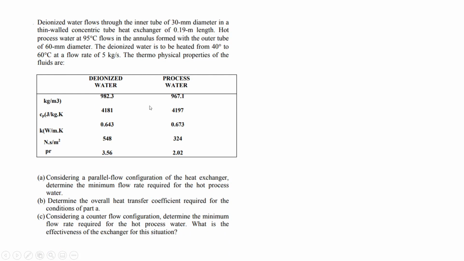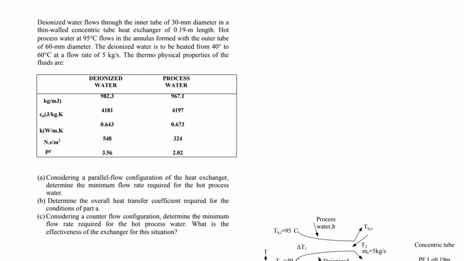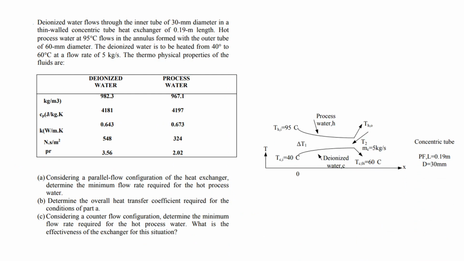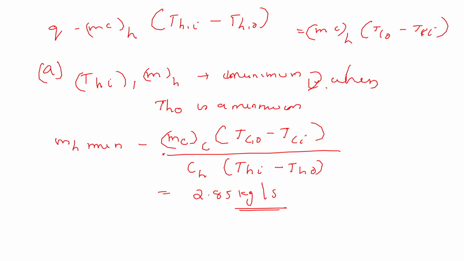So if you see here, in the question there are two conditions, the deionized water case and the process water case. For these two, we are calculating the minimum flow rate and determining the overall heat transfer coefficient, considering counterflow configuration. So from the table, first we calculated the Q value formula.